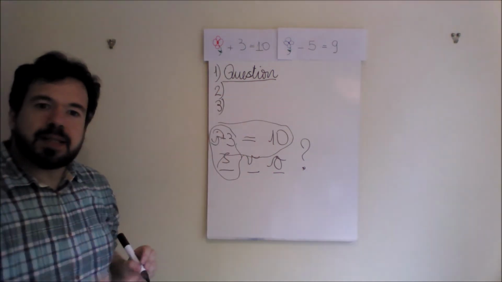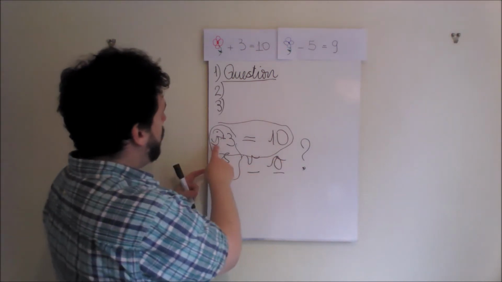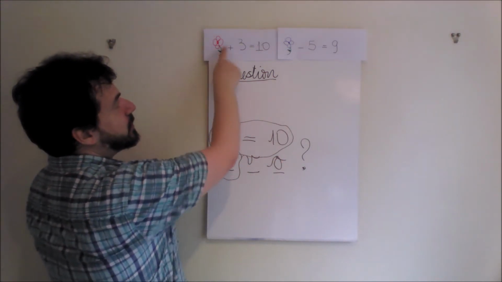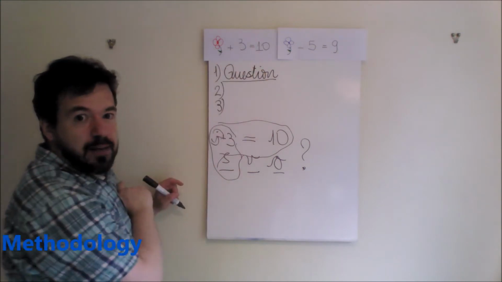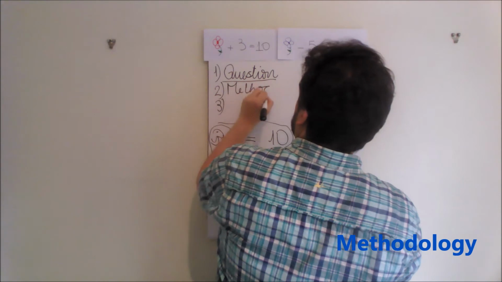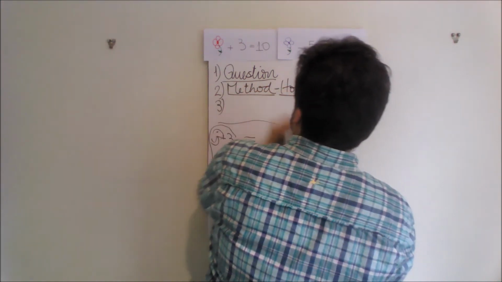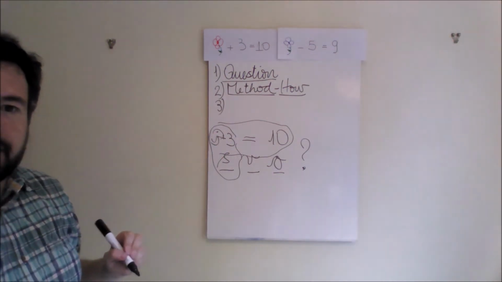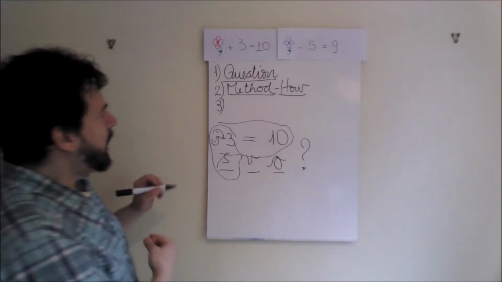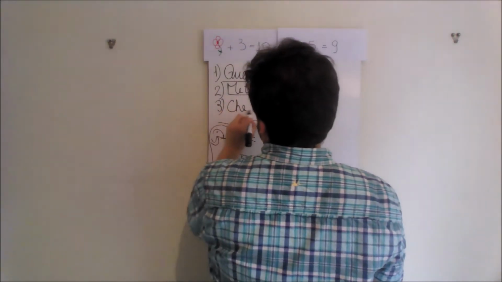Second is how we're going to solve it. So the first one is the question, which number adding 3 equals 10? Then the method, or how we're going to solve it. And then the third will be checking your answers.